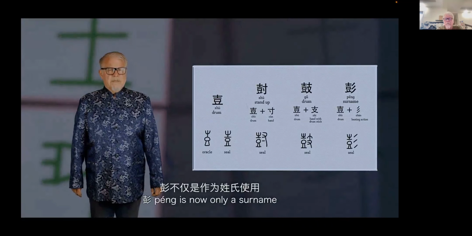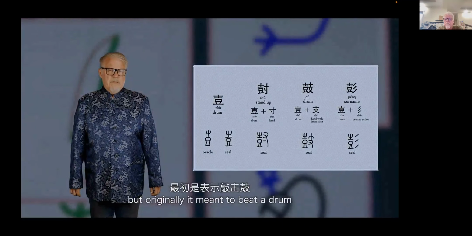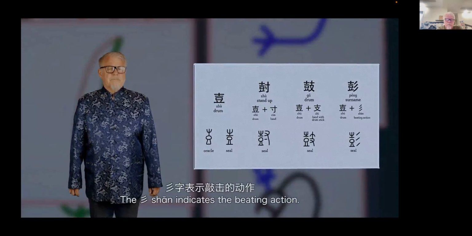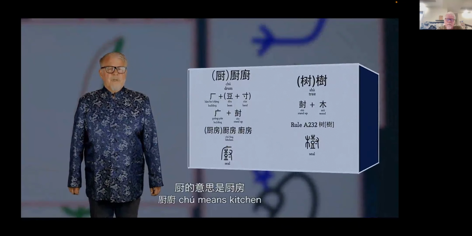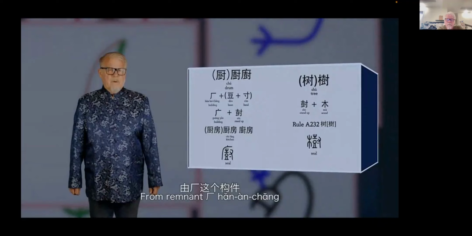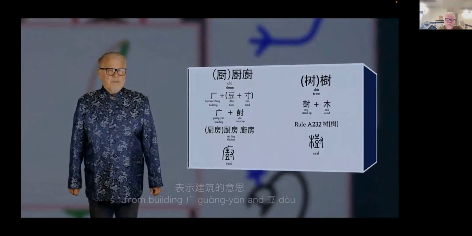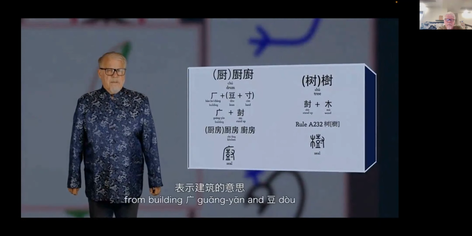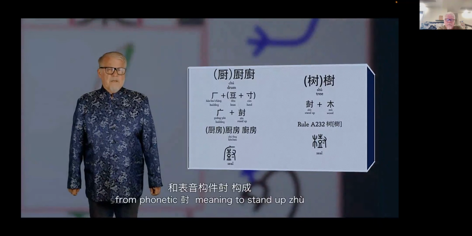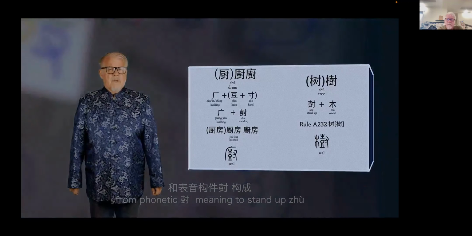Peng is now only a surname, but originally it meant to beat a drum. The shan indicates the beating action. Chu means kitchen, from the remnant han or an, and now pronounced chang, from the building guang or yan, and do, from the phonetic shu, meaning to stand up, ju.